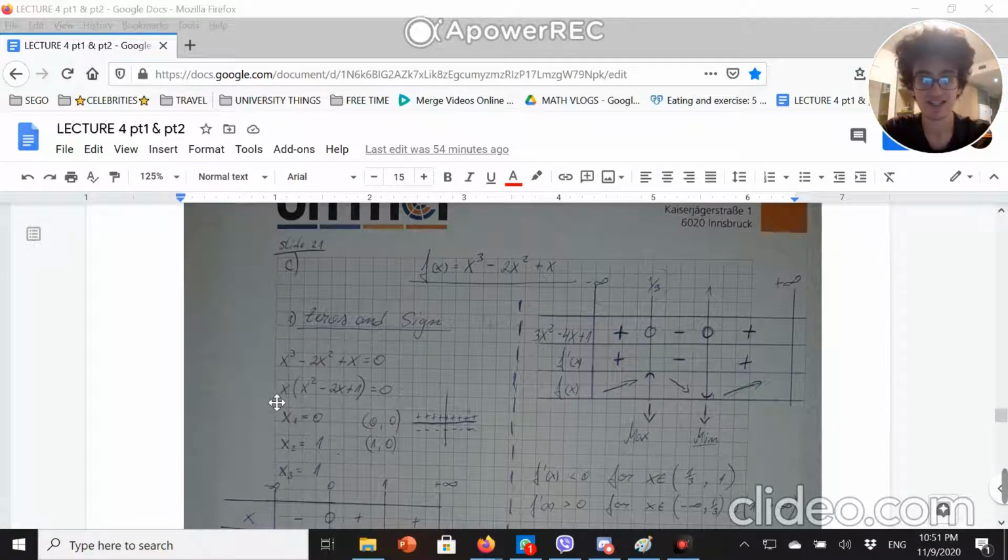And we know that this x over here will be equal to 0 when it's 0, so we can say that our x1 is 0, in the point 0, 0. In order to find two other points, we would use our quadratic formula, which we used a lot of times so far, and by applying it, we would get that x2 and x3 are both equal to 1. So we would write that 1, 0 would be our coordinates.